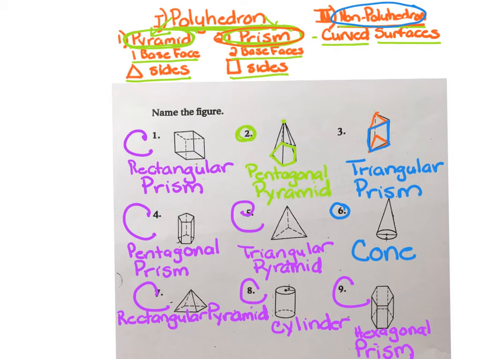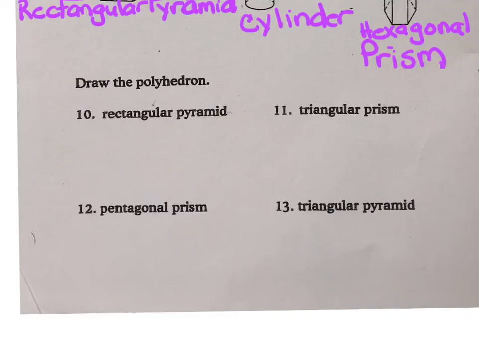Let's move on to the bottom, 10 through 13, and let's draw some polygons. Let's start with number 12. Let's draw a pentagonal prism. Well, we know a pentagon has 5 sides, and we know a prism has 2 base faces, one on the bottom and one on the top.